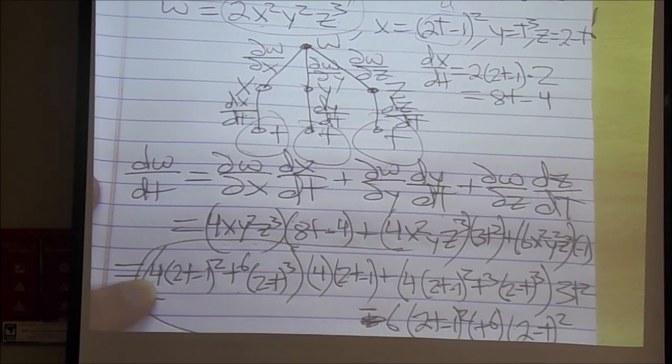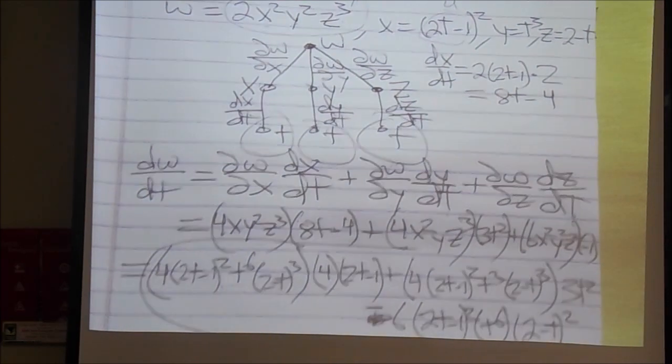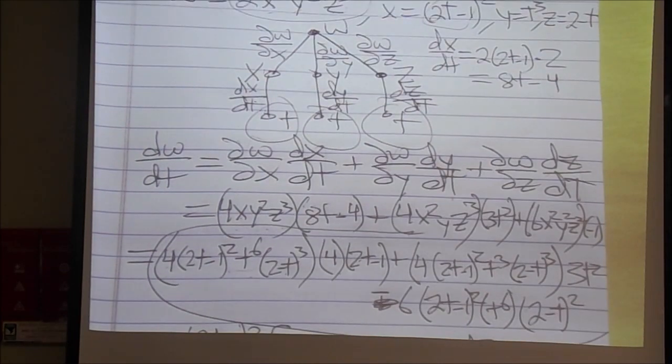Alright, so 2t to the 6th times 2 minus t cubed, times, let's leave it here. Let's say on the test you don't want to multiply that out unnecessarily. Alright, so there's number 3.